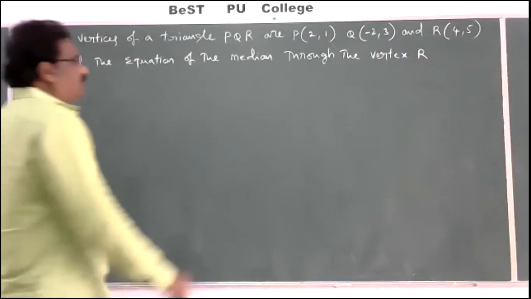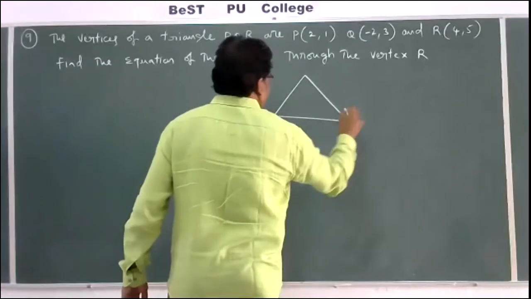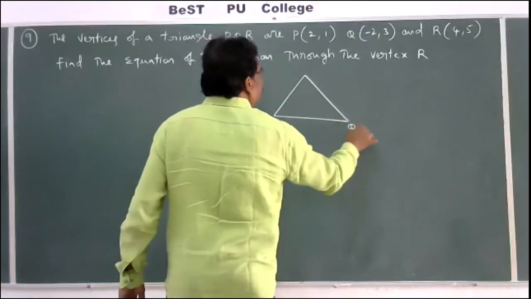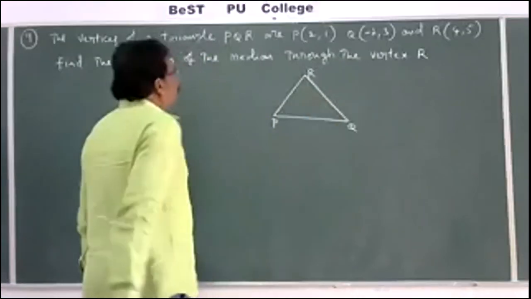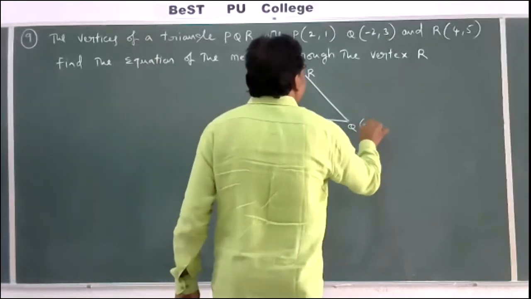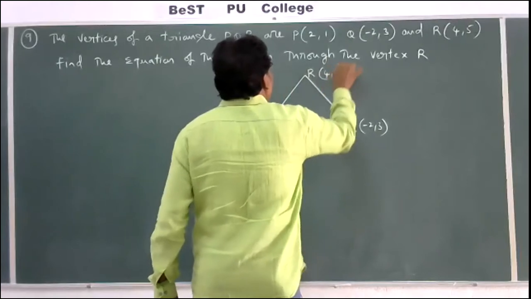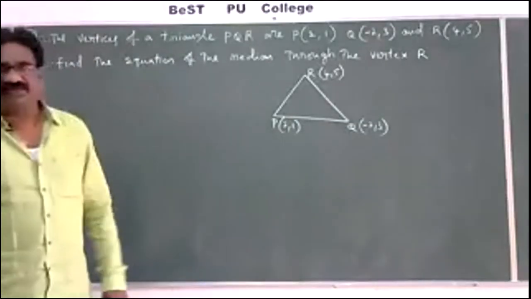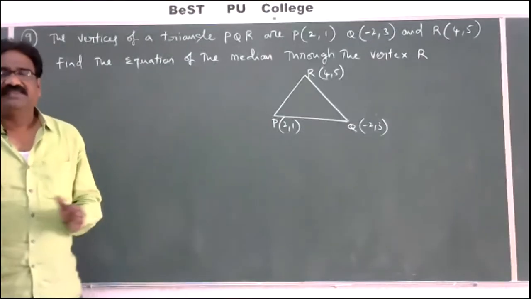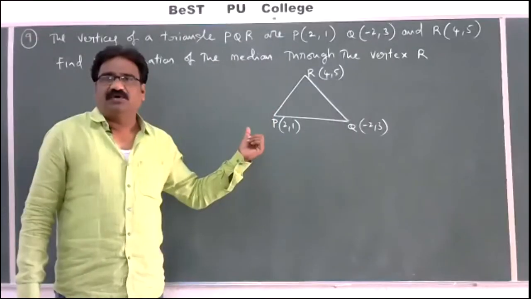So, the triangle PQR. P is given 2, 1 and Q is given minus 2, 3 and R is given 4, 5. What is meant by median? First, what is the meaning of median? A line is drawn from the opposite vertex to the midpoint of the opposite side.